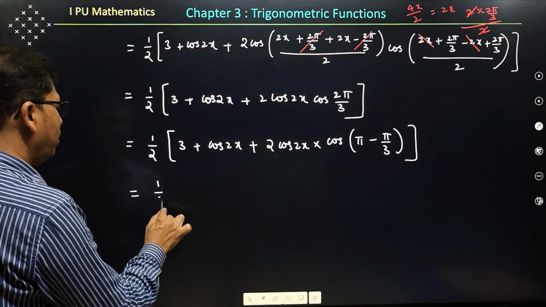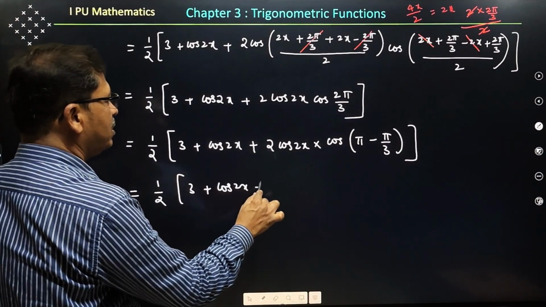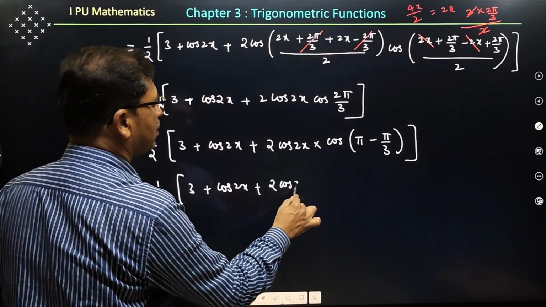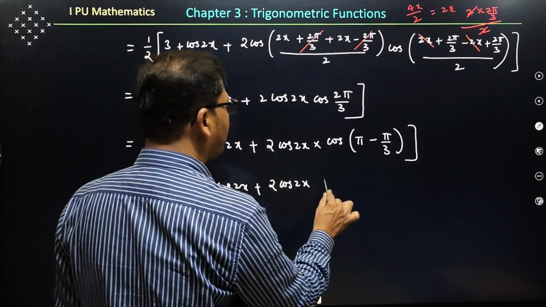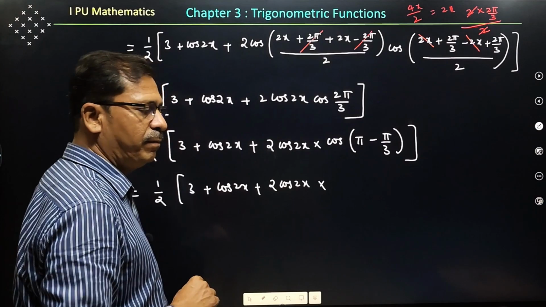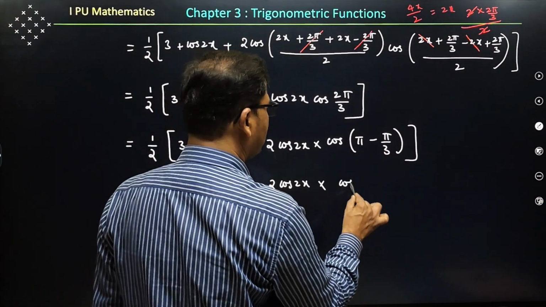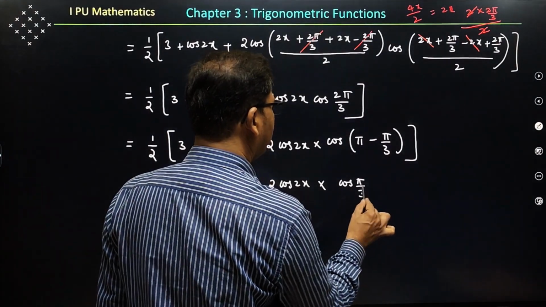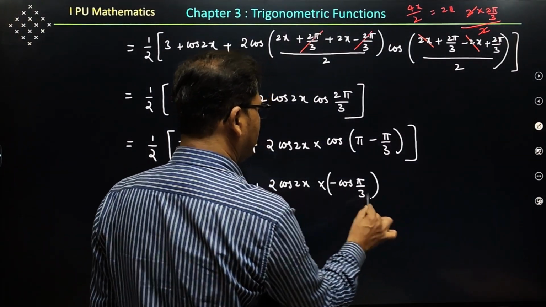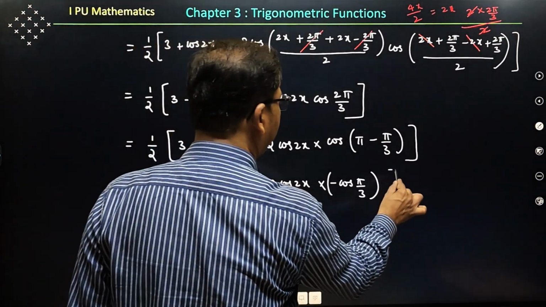This is equal to 1 by 2 bracket 3 plus cos 2x plus 2 cos 2x into, what are you going to write? Cos of 180 minus theta, the ratio remains the same definitely, that is cos pi by 3. But it is in the second quadrant, cos is negative. So minus cos pi by 3.